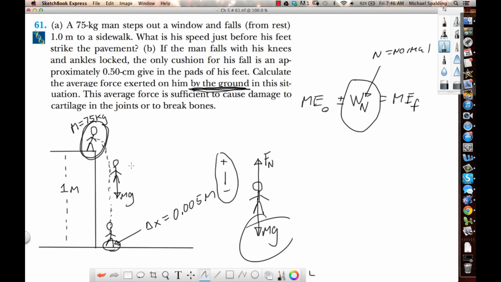Another place you could have made the initial is right there, the split second before he hits the ground. Either one's fine. So let's say his initial is up here, and his final is when he stops. What's the only mechanical energy he starts with? Potential of gravity, right? There's no kinetic up there. So he starts with potential of gravity.